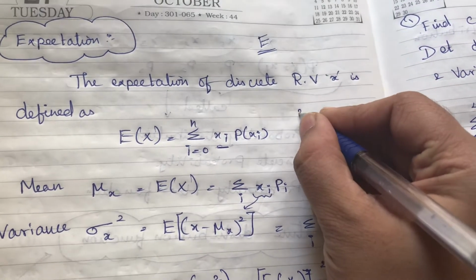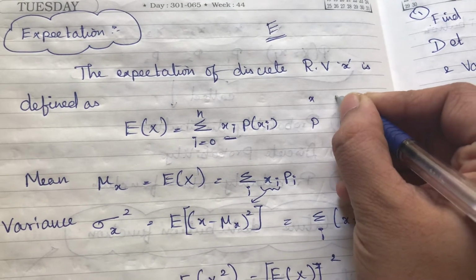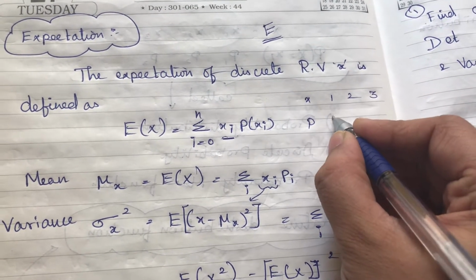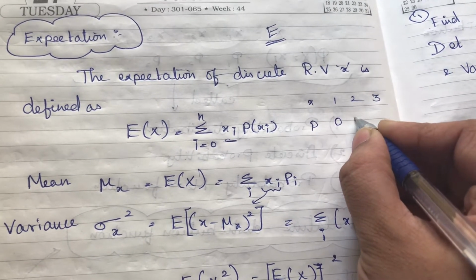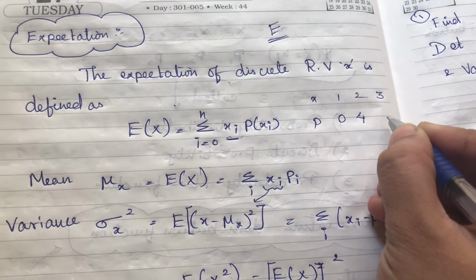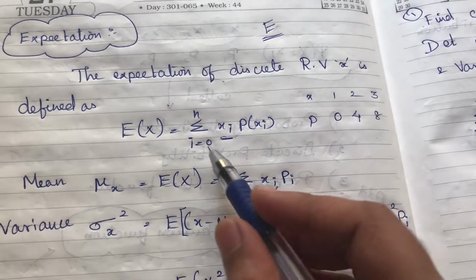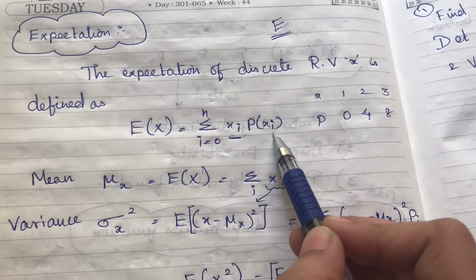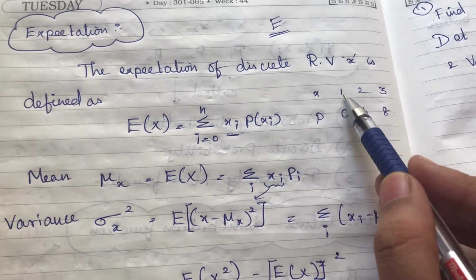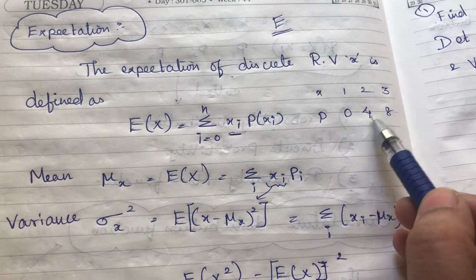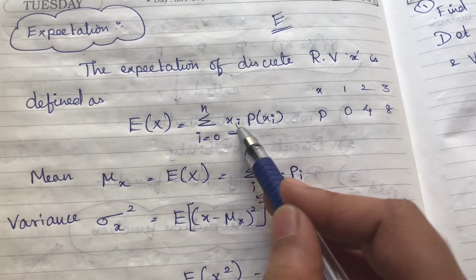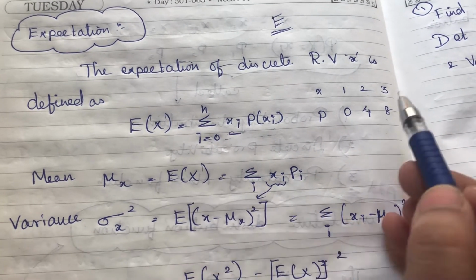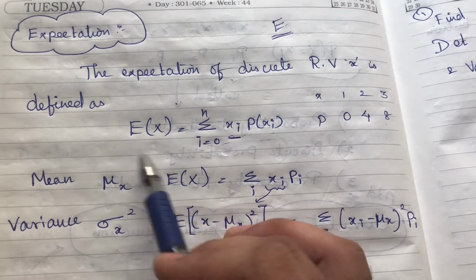For example, if x1 is 1, x2 is 2, x3 is 3, and the probabilities are 0, 4, then 8, likewise, we can say x1, x2, x3. So 1 into 0, 2 into 4 plus 3 into 8. This is the meaning: x into p of x plus x into p of x. The whole summation will be the answer for expectation.